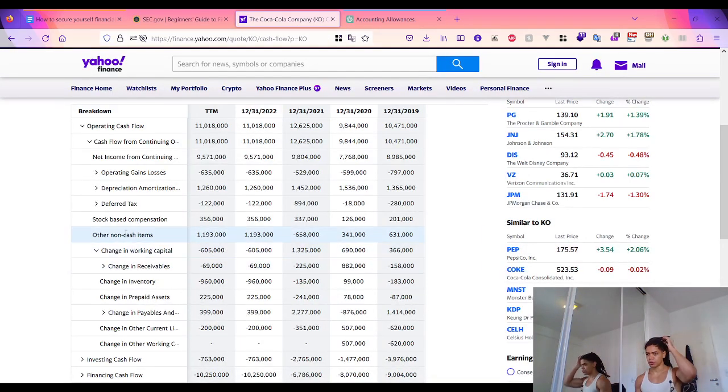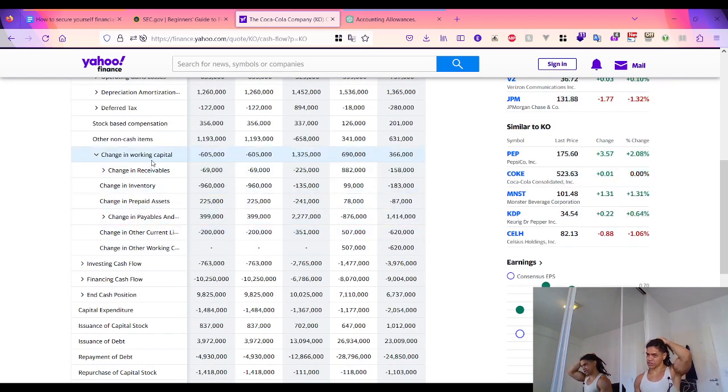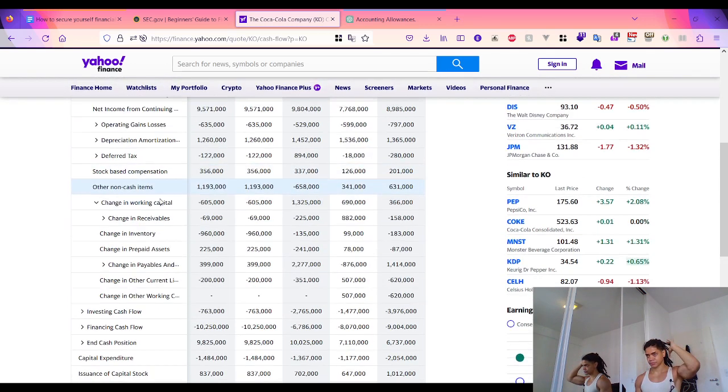For example, other operating assets and liabilities include changes in working capital and other non-cash items.